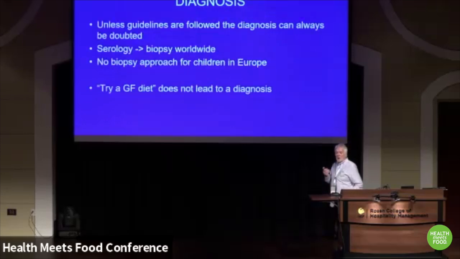So there are guidelines, and I'll see someone, and they say, I was told I had celiac disease. And it's very important that people are diagnosed according to guidelines, because the diagnosis will always be in doubt. I have several patients that don't talk to their parents because they had them on a gluten-free diet from early childhood because they were considered to have celiac disease, and they didn't have it, and they hate their parents for that.